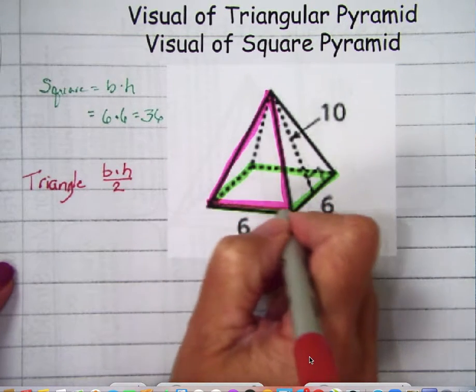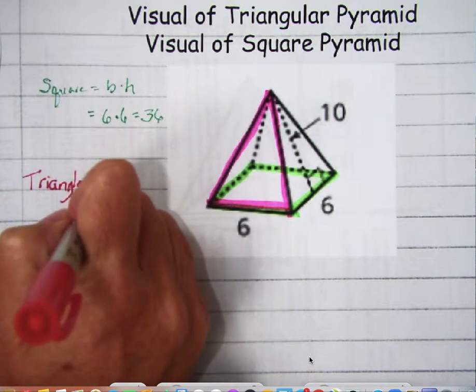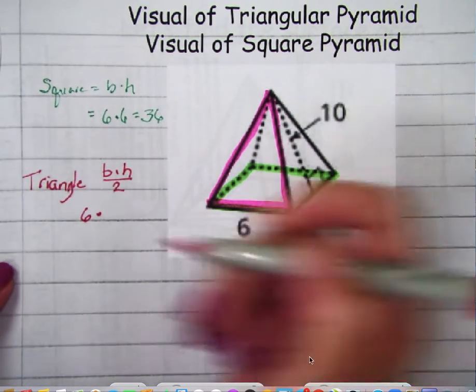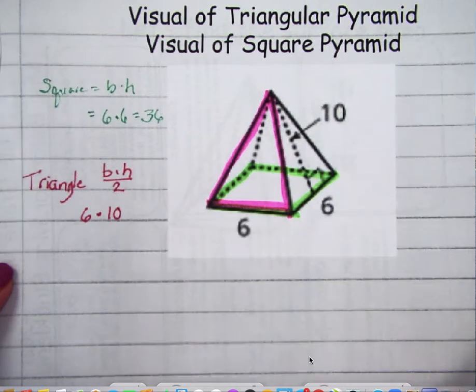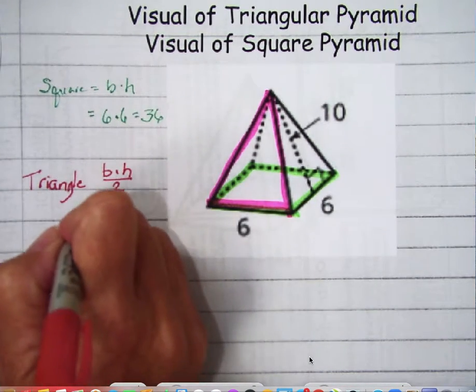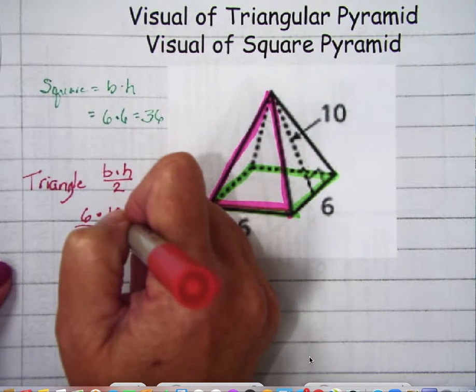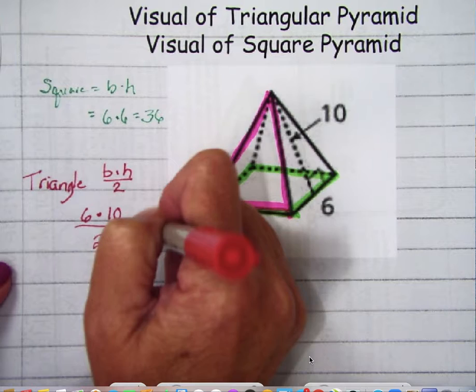My base is 6. How tall is this triangle? This triangle is 10 units. Divided by 2. 6 times 10 is 60. 60 divided by 2 is 30.